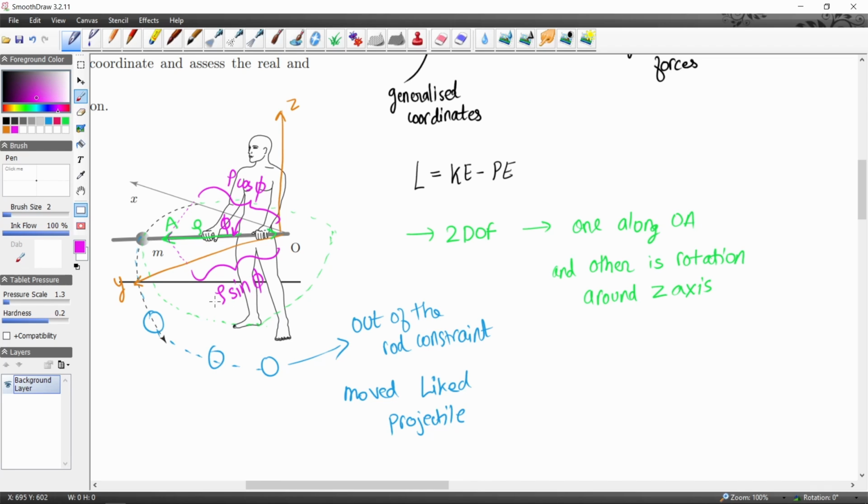So let me write down the coordinates for x and y. x is equal to rho cos phi and y is equal to rho sin phi.